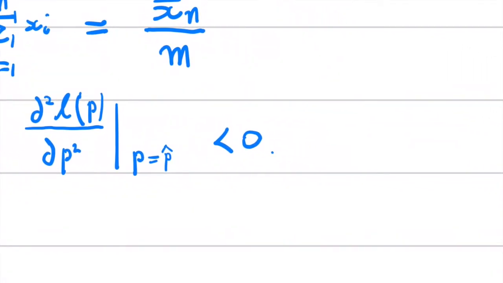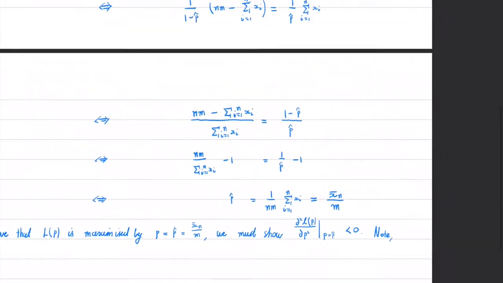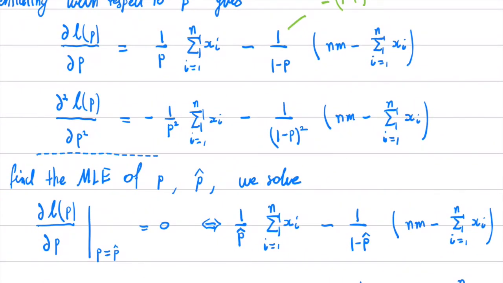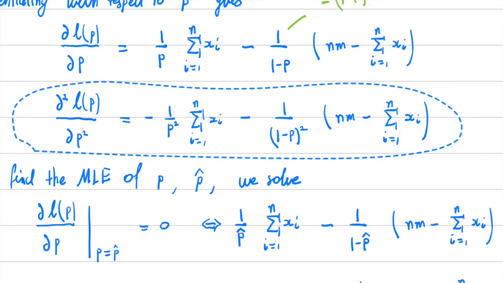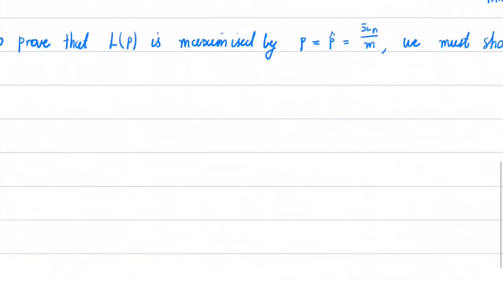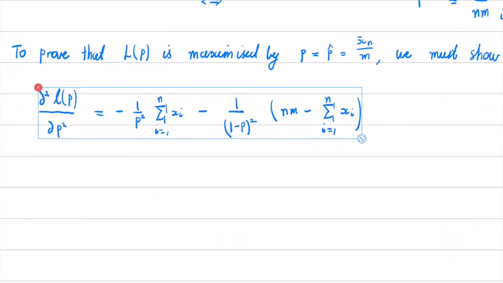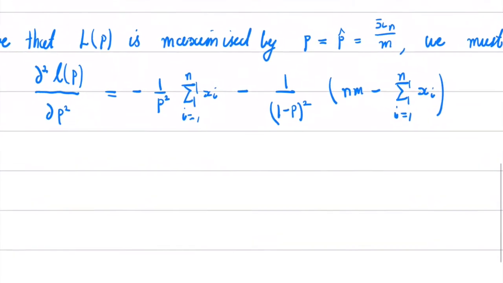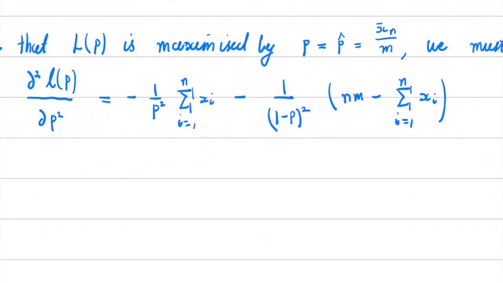Now to do that, let's actually try and find our expression for the second derivative. So here it is here. Copy that, and I'm going to paste it here for us. So here's the expression. Now, what I'm going to do with this expression very subtly is I'm going to take this negative here and take it out as a common factor.